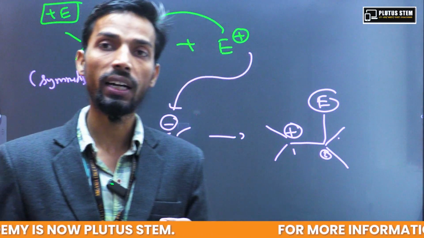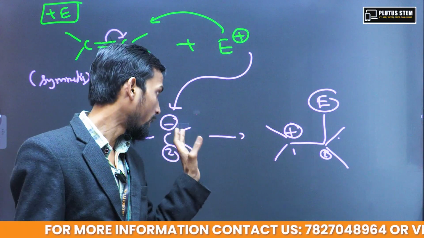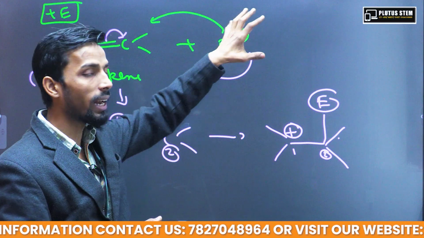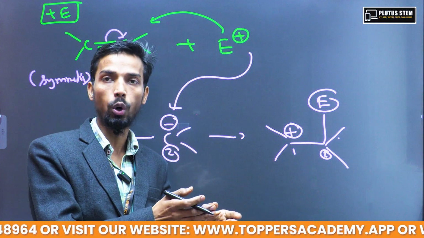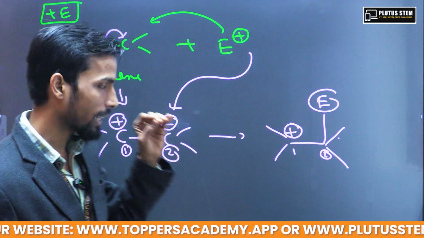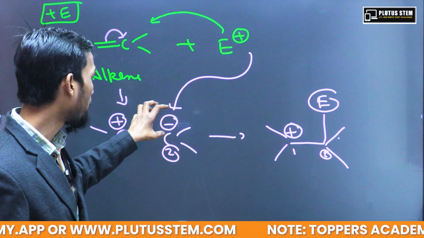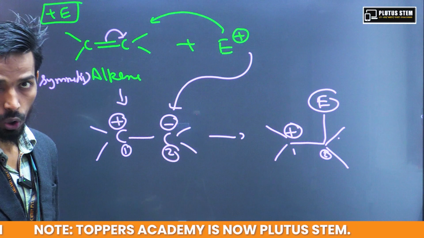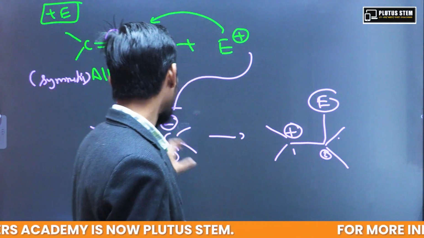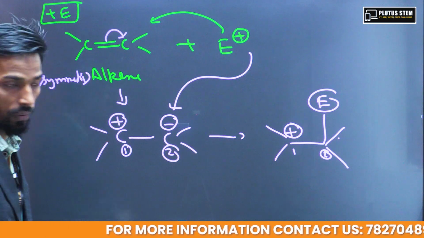So the plus E effect is that effect in which the electrophile adds to that carbon on which the movement of pi electron takes place. Or in other words, the pi bond electrons are attached to the upcoming electrophile or reagent, and that is termed as the plus E effect.